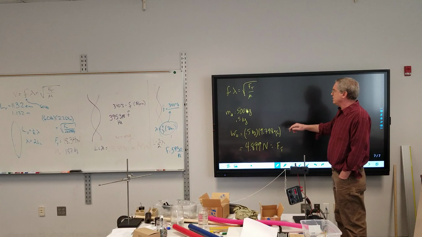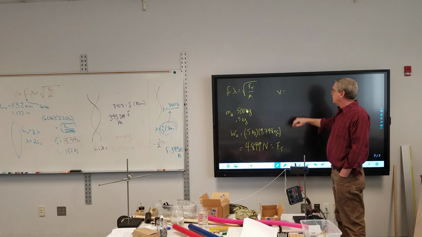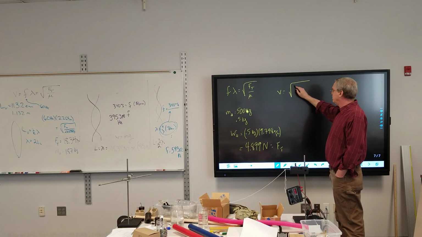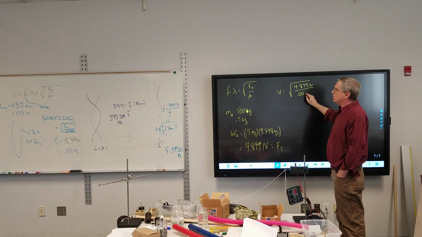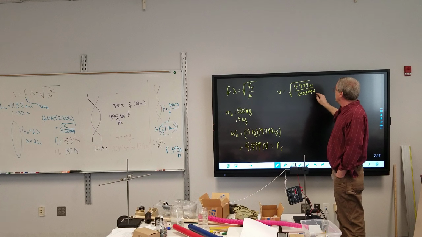I know the linear density, so I know the speed of the wave is going to be the square root of 4.899 newtons divided by my linear density, 0.000994 kilograms per meter.